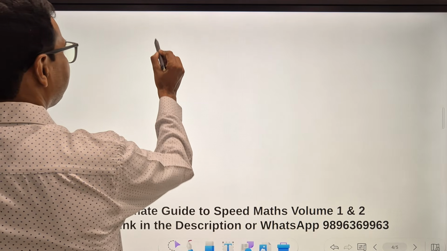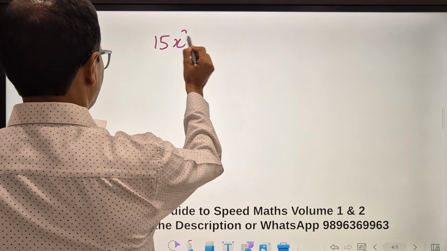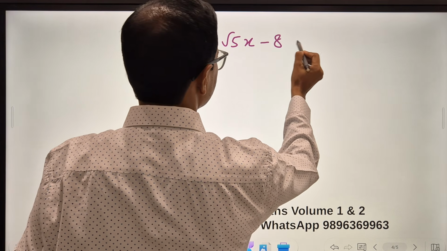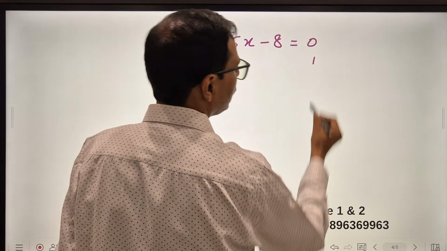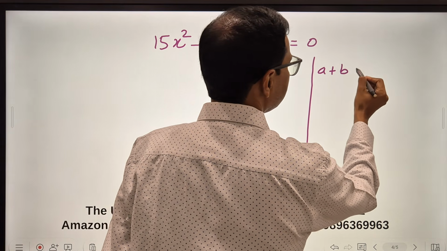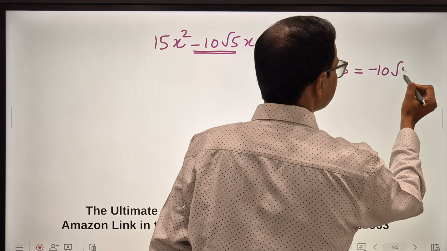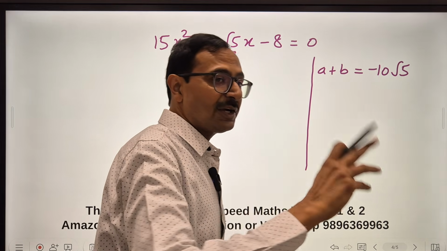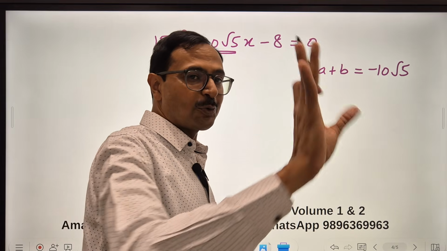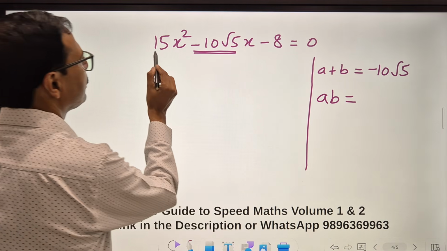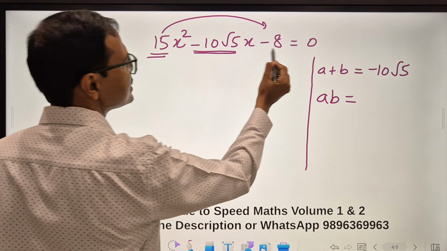So suppose we have 15x square minus 10 root 5x minus 8 equal to 0. Now I need two numbers, a and b, whose sum is minus 10 root 5. Whenever the sum is minus 10 root 5, the two middle term split factors will contain root 5, that is for sure. And then the product of 15 and minus 8.